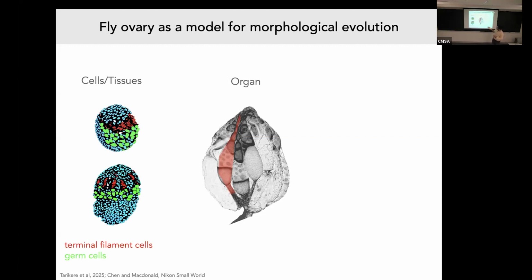So what we're looking at is the cross-section of the larval ovary as it develops. The fundamental cells which are going to give rise to this structure are this group of cells in red, which are called terminal filament cells. They get defined as the larval ovary grows in size, from one edge of the ovary to the other.